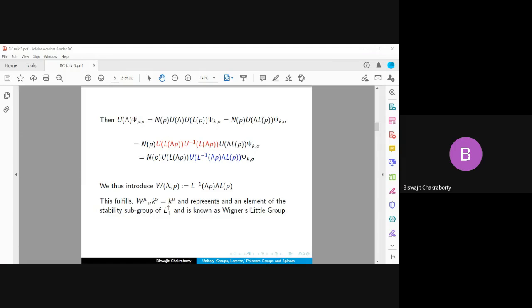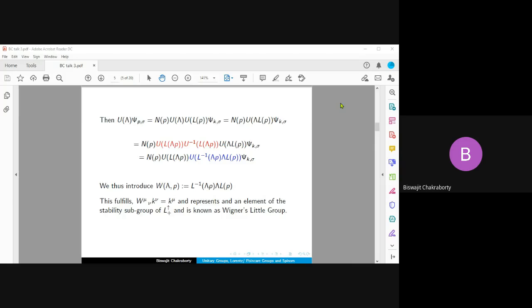L inverse of Λp will bring you back to k, but you don't know whether you are going to come back to the same k or it is up to some stability subgroup. That's the point I mentioned. You consider the simple example of the sphere. So this is a non-trivial group.